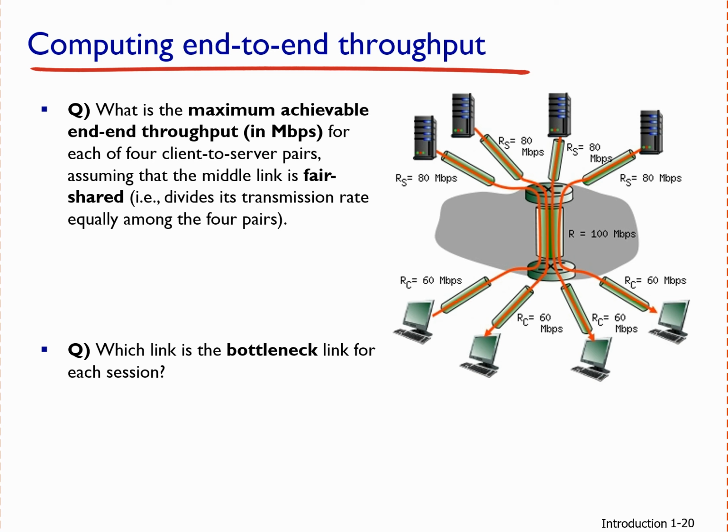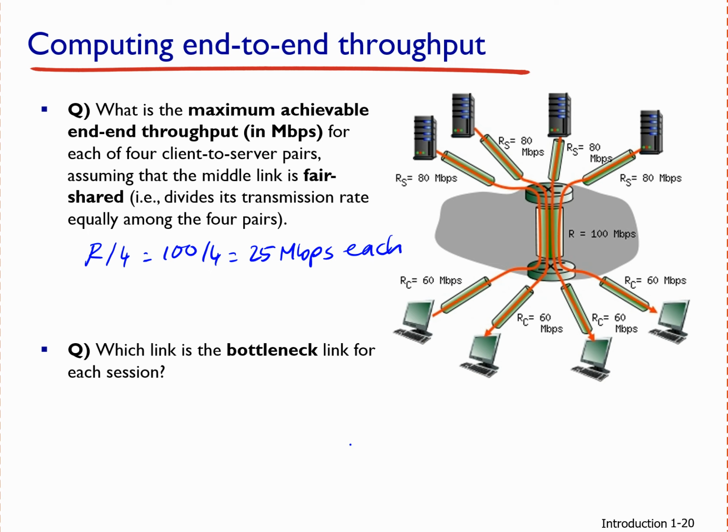Fair shared means that since we have 4 concurrent transmissions, we have to divide the capacity between 4. That means shared R equals 100 divided by 4, and that gives us 25 megabit per second each.